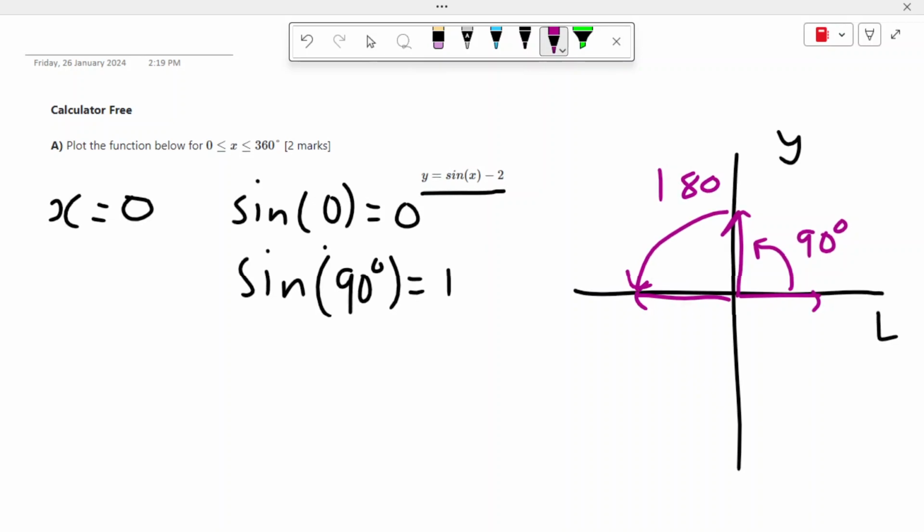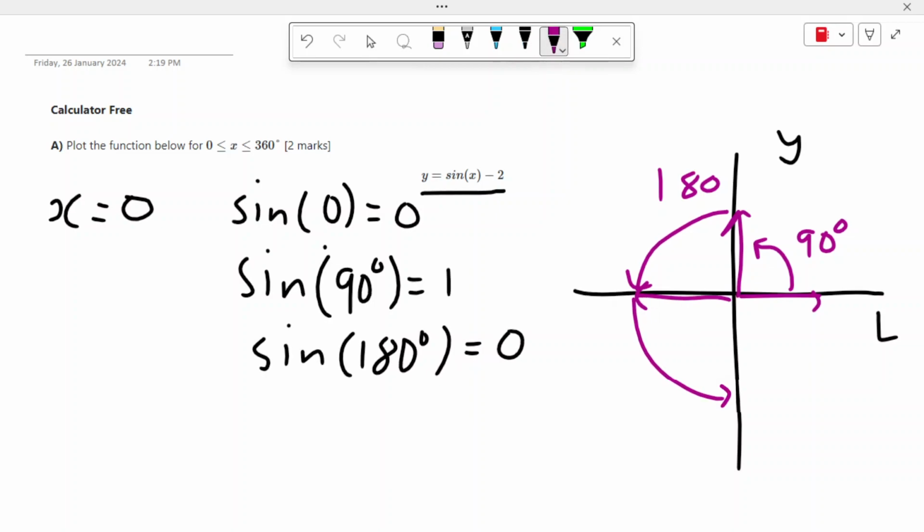And we can see, again, we go back to 0. And then we go to 270 degrees, so to here. But now we're minus, right? Like this is the negative area. So sine of 270 is going to be minus 1.